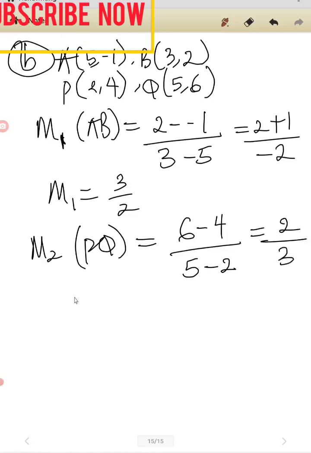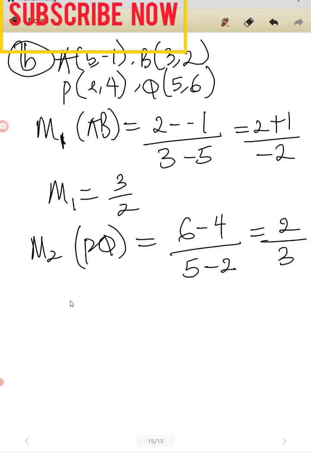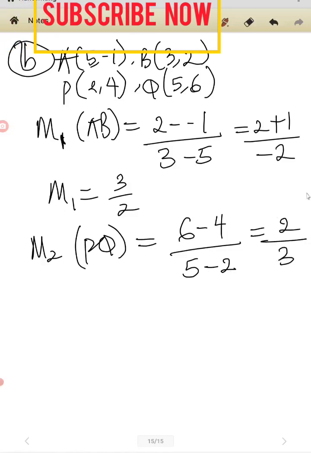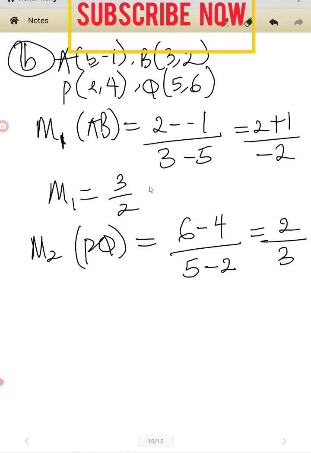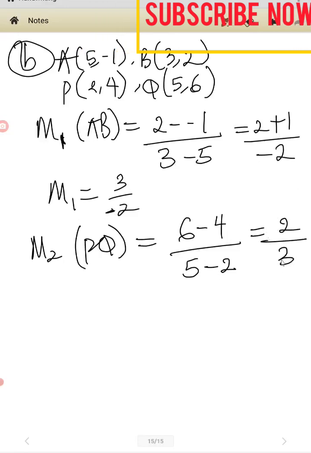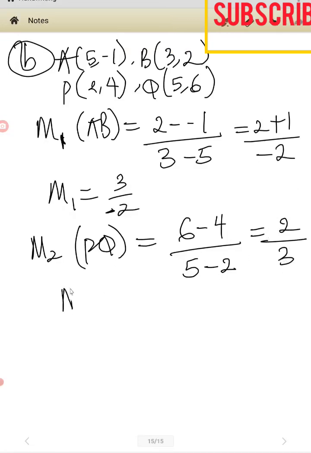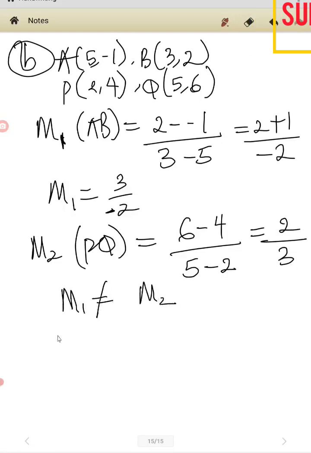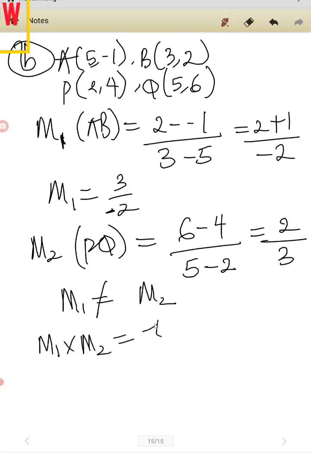So we want to consider maybe it is parallel or perpendicular. This one is 3 over minus 2, and this one is 2 over 3, meaning that M1 is not equal to M2. So let's consider maybe M1 multiplied by M2 will be minus 1. Let's see.